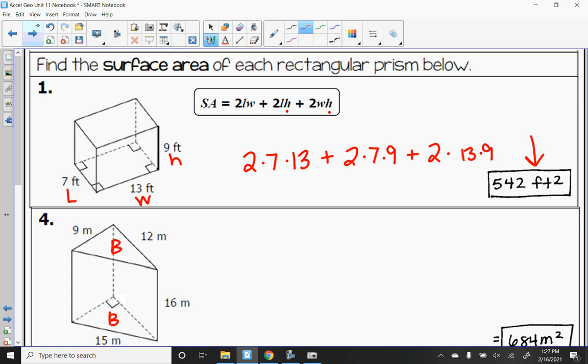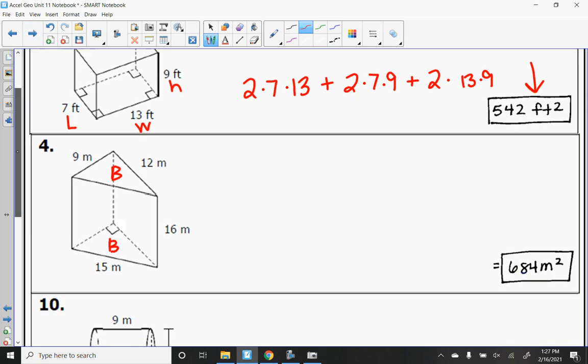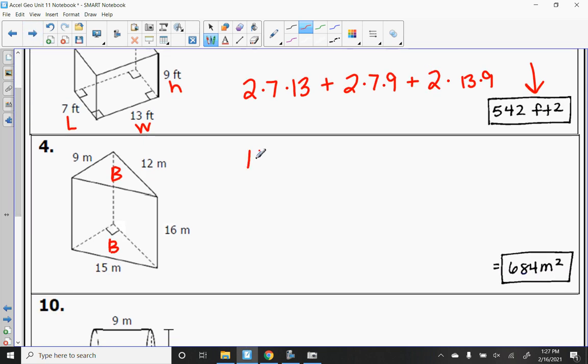Okay? So it says on our previous problem, find the height times the perimeter of the base. So our height for number 4 is 16. There's our first number. Now let's find the perimeter of the base. If this is our base, it has one of three sides, but if you look at the top base, it gives us the other two sides of the base.